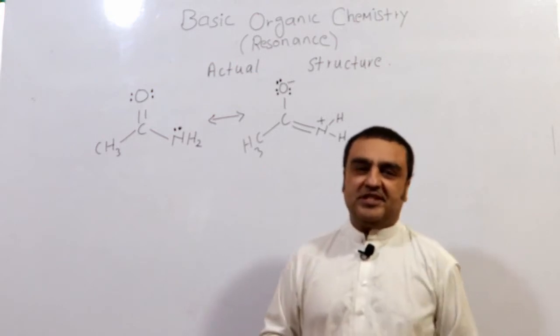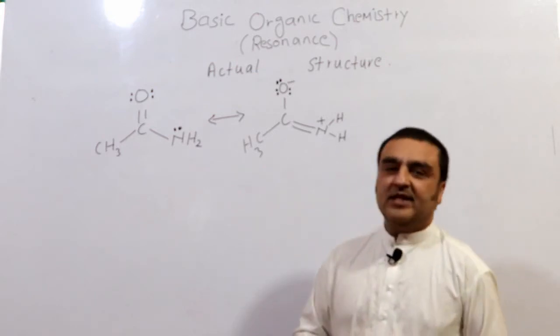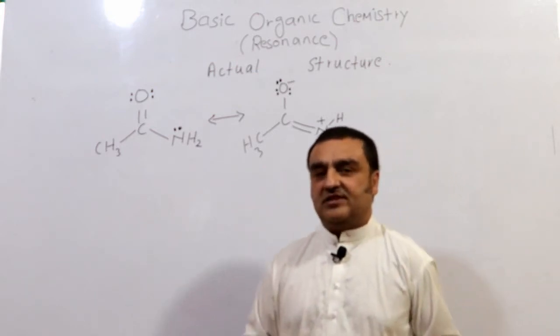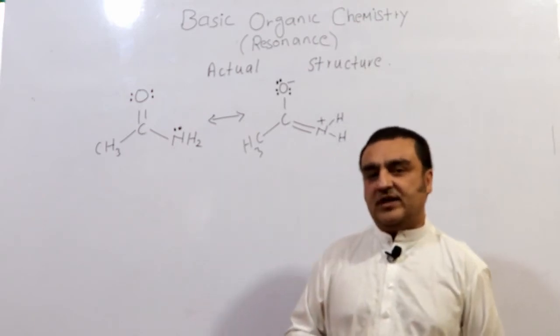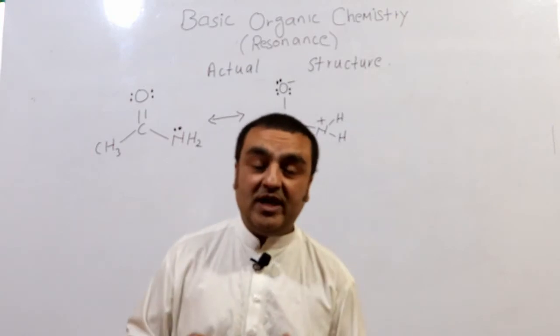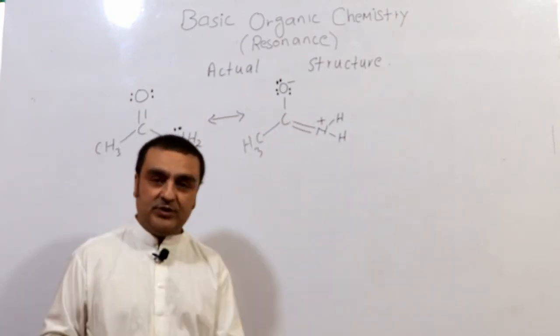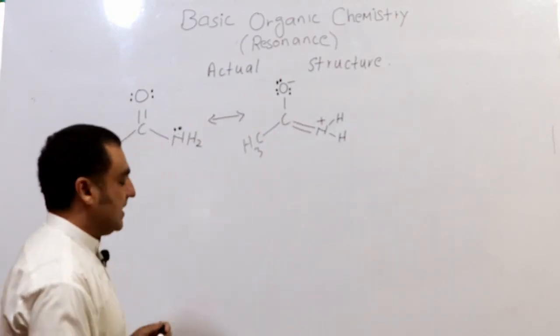Today we will be discussing resonance, but now it is almost the last stages of the resonance, and we will be discussing the actual structure, how the actual structure looks.